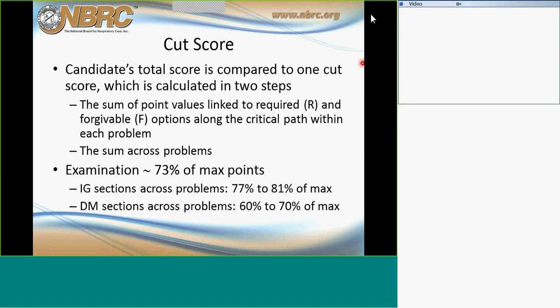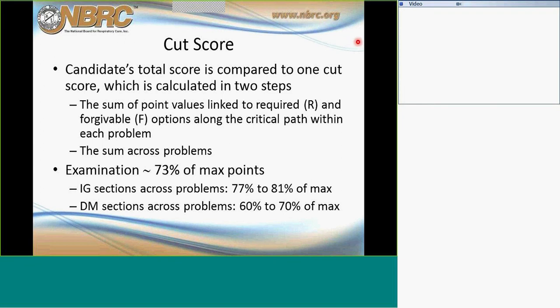I mentioned cut score before, and so let me give a little more detail here. Another point to make is that the cut score for the simulation examination is done differently starting in January 2015 as compared to the way the cut score was done before. In the past, there was a separate cut for information gathering sections and decision-making sections, so 2 cut scores effectively, and you had to get past both of the cut scores in order to pass the examination overall.